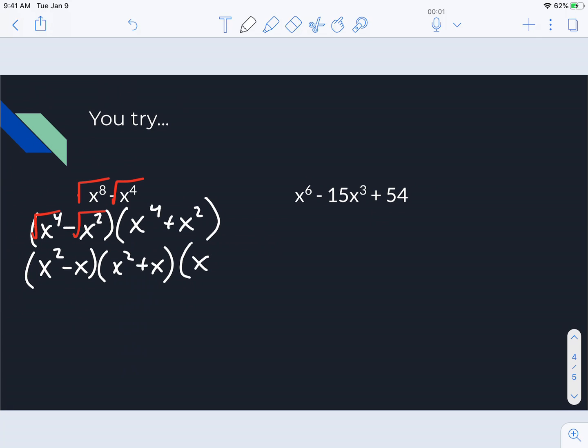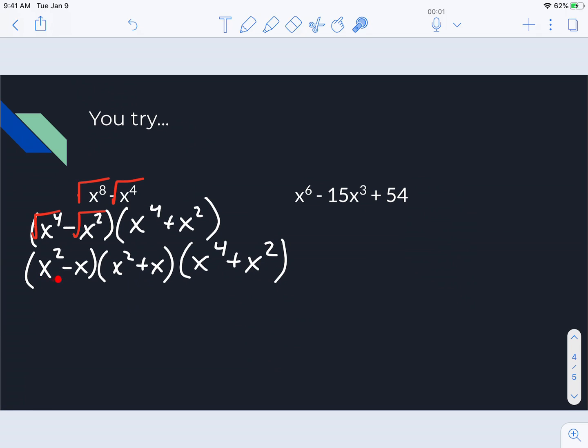And then the last part is going to stay like this for now. And now I don't think we can factor it any further except for GCF. So now each one of these has a GCF. So we'll take all of them out and move all the GCFs to the front.